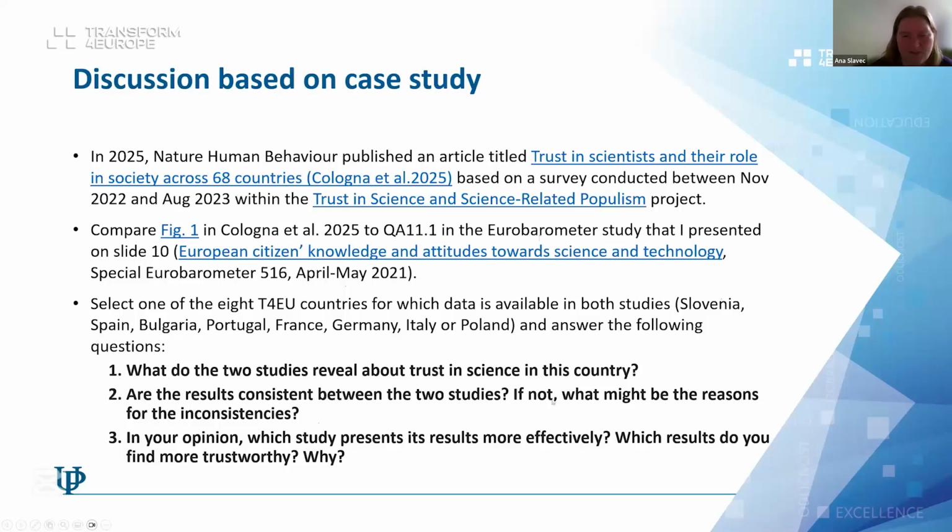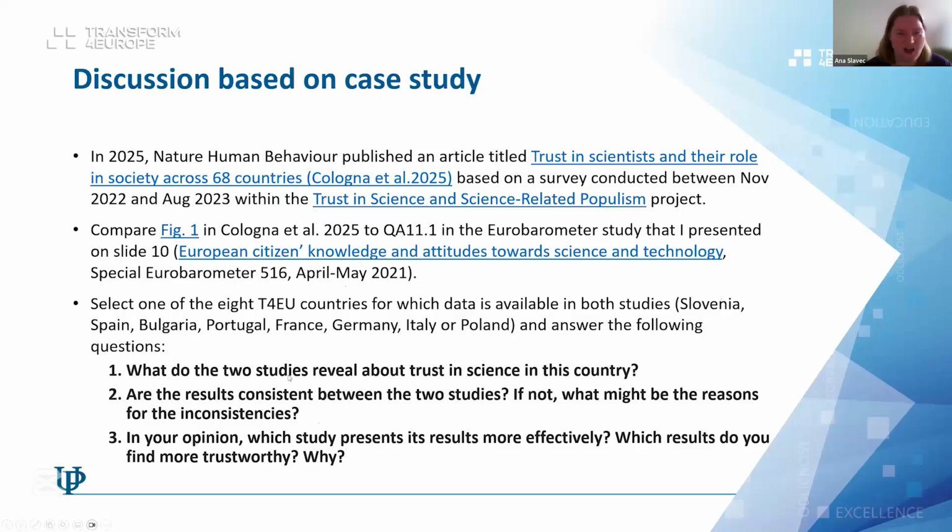So if you're coming from some other country, or countries outside of T4EU, feel free to select any of these 8 countries, but preferably select the country you're coming from, or if your country is not on the list, select any other country. After you select which country you want to focus on, look at both these figures and articles and try to respond to these questions.